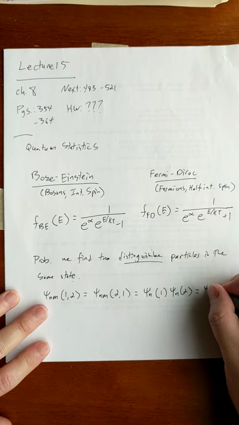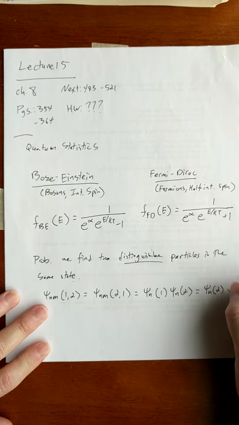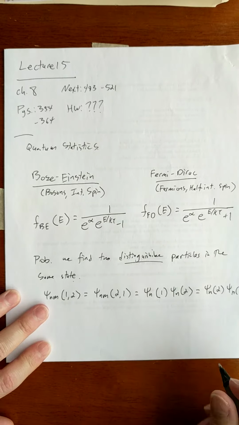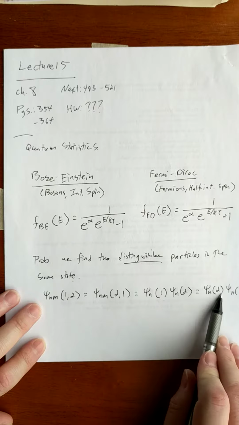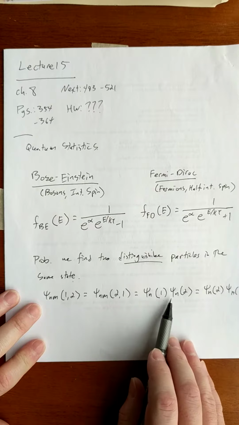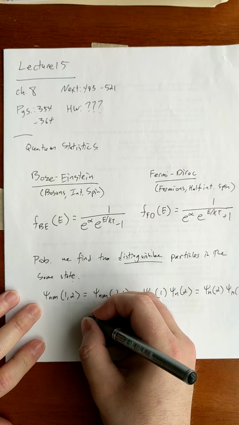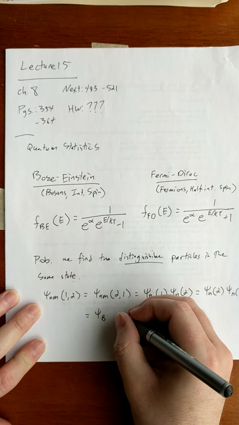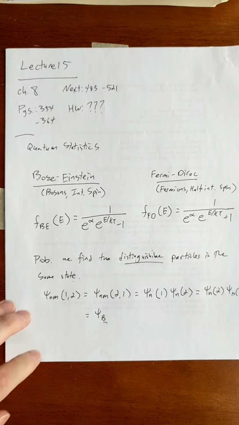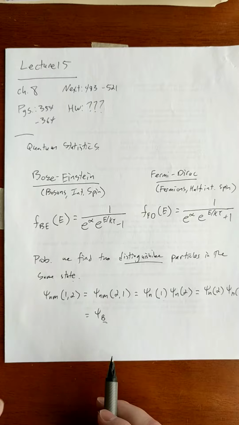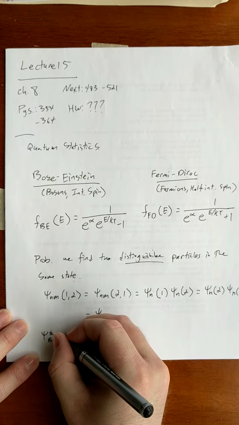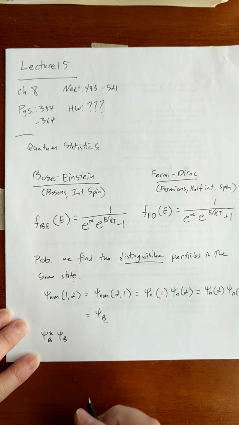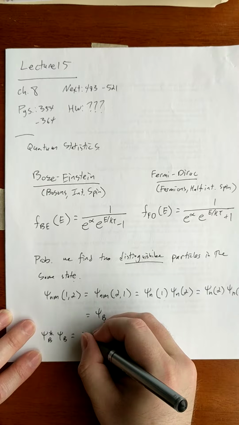Because those two things reversed are the same, we also have in their wave functions that they're the same. We just multiply them in a different order. This is just the Boltzmann distribution, so that B is for Boltzmann. Then my probability is going to be psi star psi for the Boltzmann distribution.